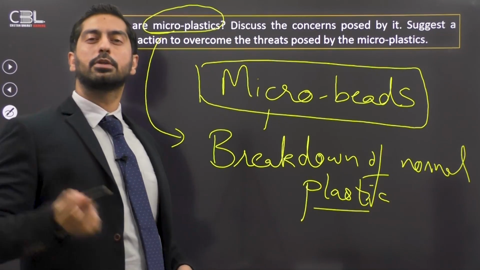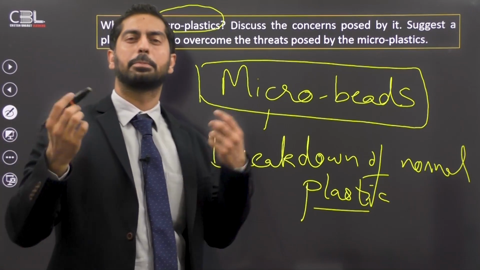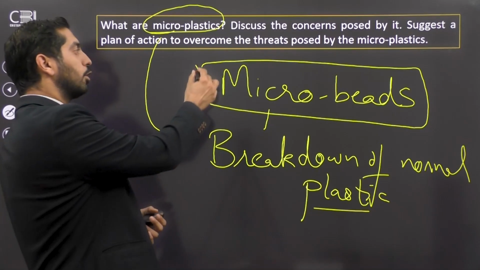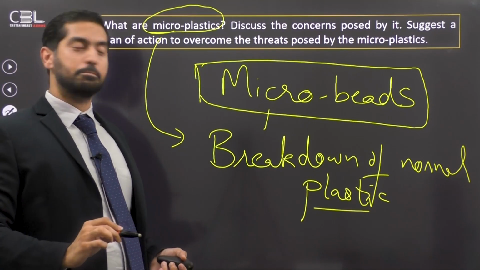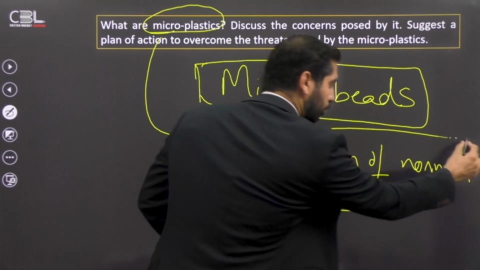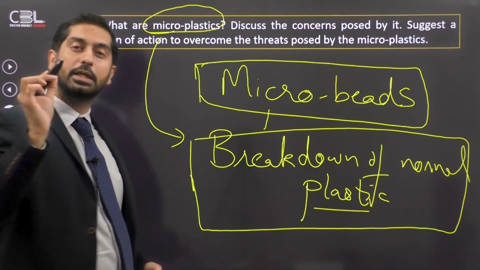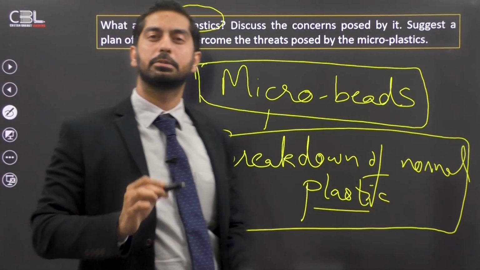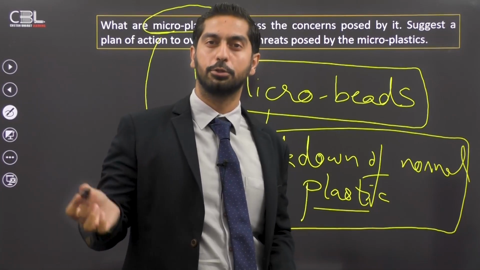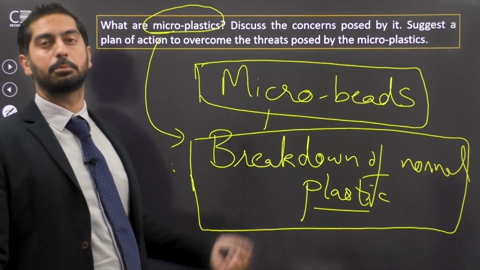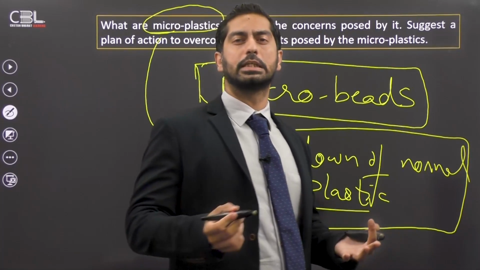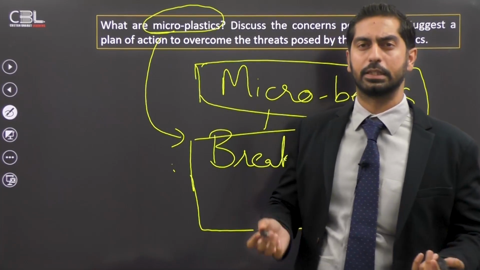Now, contrary to the popular perception, the microbeads are not the major cause of microplastic pollution. Breakdown of normal plastic is the major contributor. Almost 90% of the microplastic pollution is caused because of this reason. We dispose of plastic in an unscientific manner.